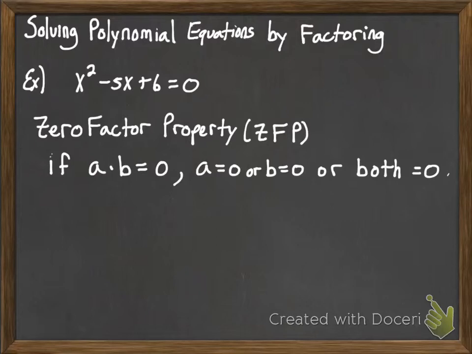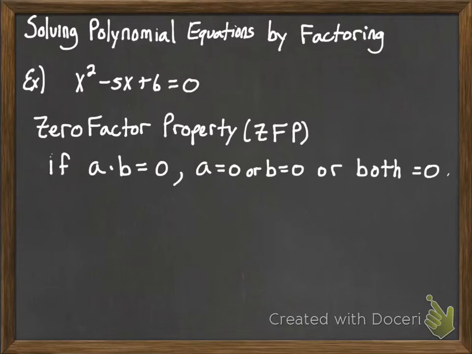For example, if you considered 8, once you know that one of them is 2, you know the other one has to be 4. Once you know that one of them is 16, you know the other one has to be 1/2. There are endless pairs that would multiply to be 8. But if they multiply to be 0, although there are endless pairs that multiply to be 0, you can always say something about one of them. One of them has to be 0.